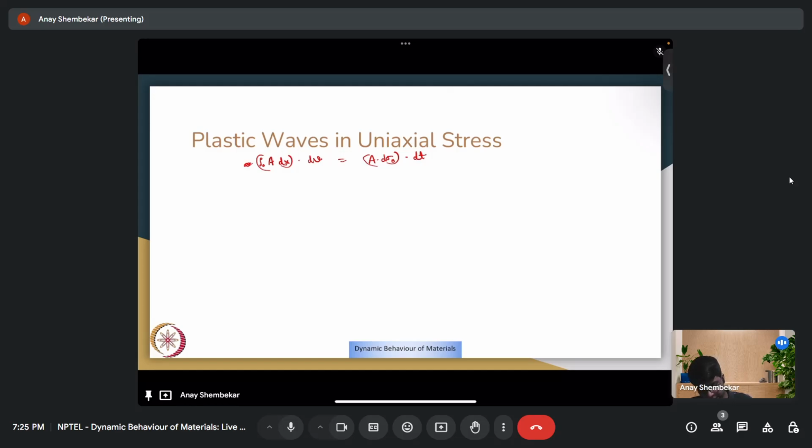If I move things around and remove the area term, what do I get? dv is equal to d sigma naught upon rho naught times dx by dt. This is nothing but the plastic wave velocity at sigma naught.